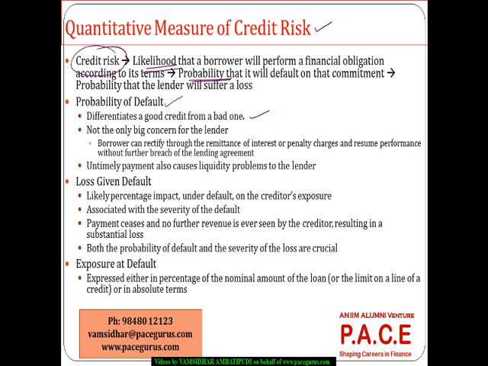But if I look at it, the probability of default may or may not be a big concern. Look at it like this, okay? The person has defaulted, but probably within no time he has made up for that loss, for that default. He has paid all the penalties.